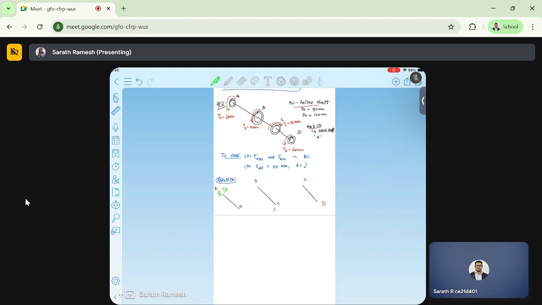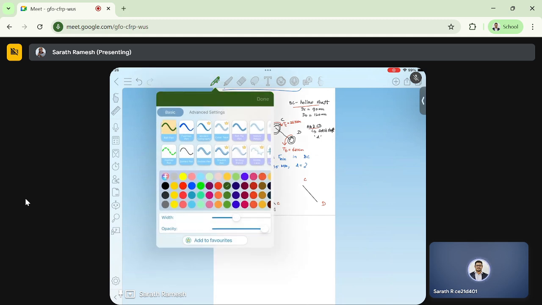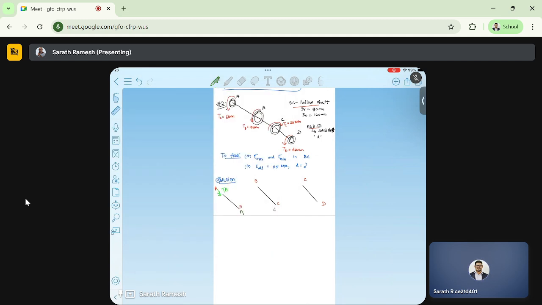So at A, my TA is pointing in this direction, and at B, my TB is going to point in this direction. There will again be a TA to maintain equilibrium. Here TA is going to be like this.